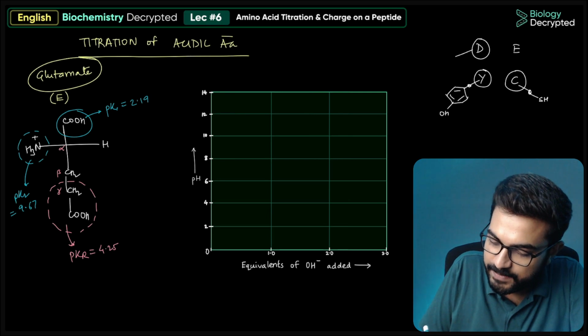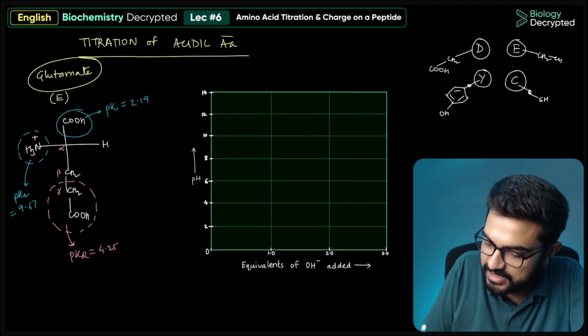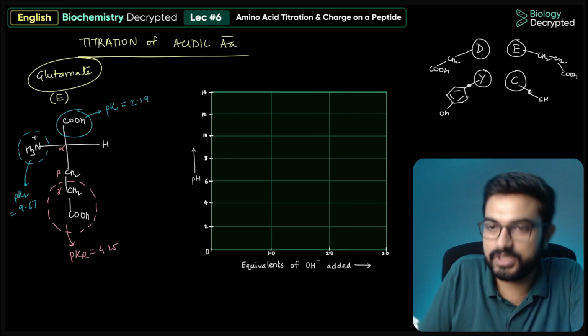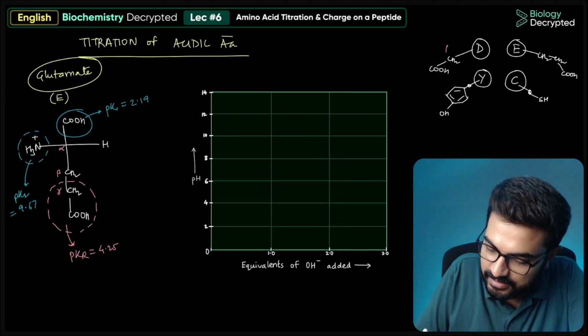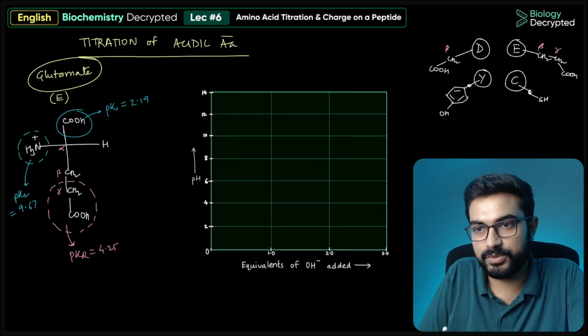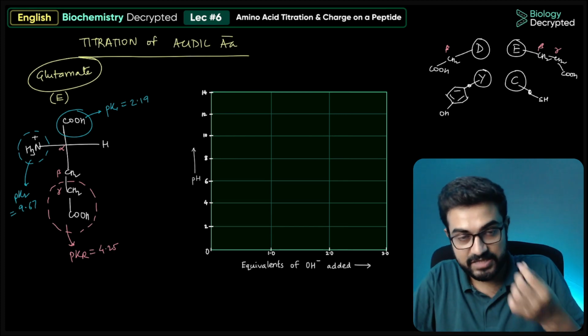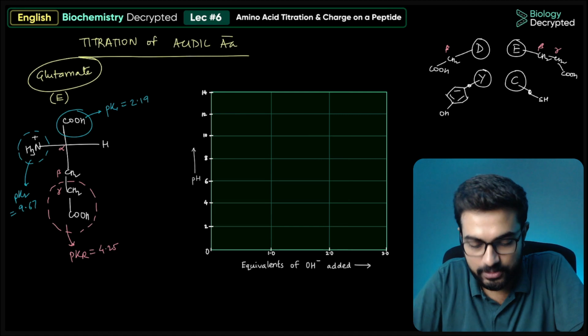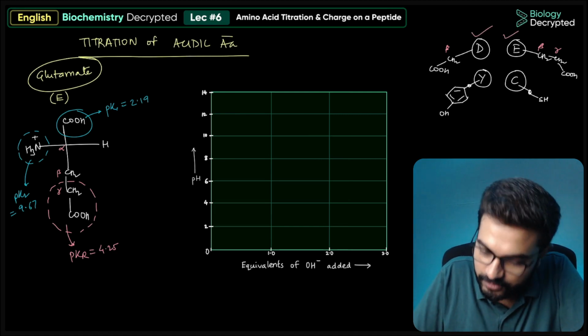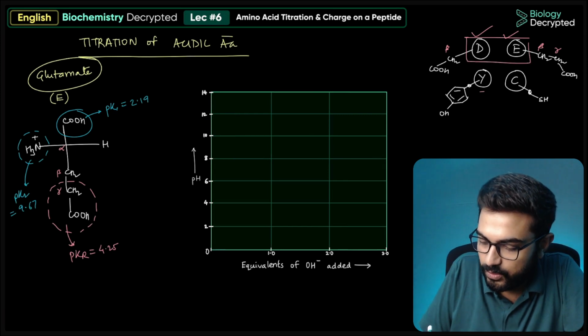For aspartate, we have CH2 and COOH, and for glutamate it's CH2 CH2 and COOH. This is the beta carboxylic acid group, and this is the gamma carboxylic acid group. So these are the major amino acids which will give H plus ions, and these have acidic groups. Especially we will talk about these two, and in the end we will be talking about Y and C.